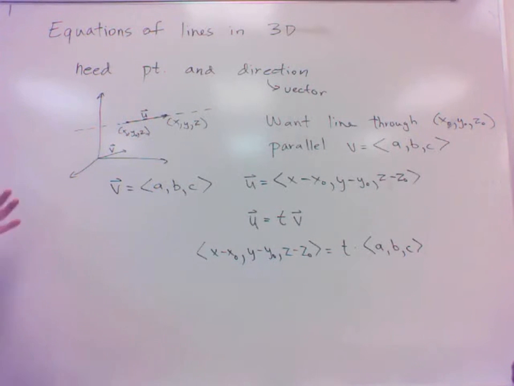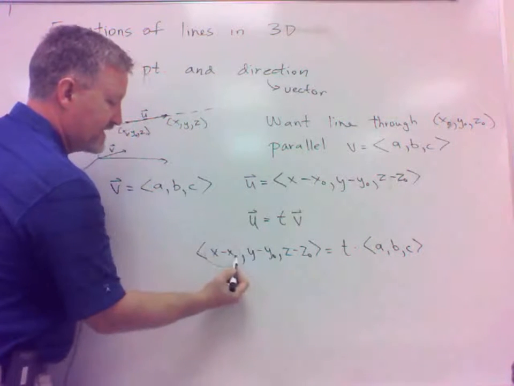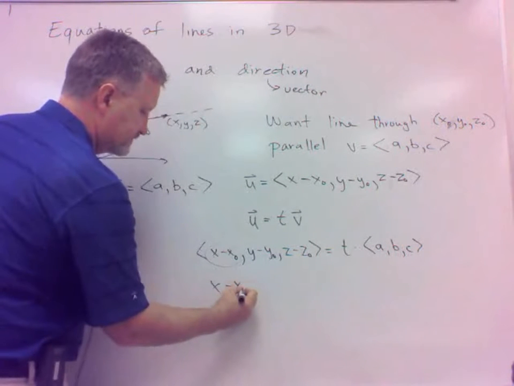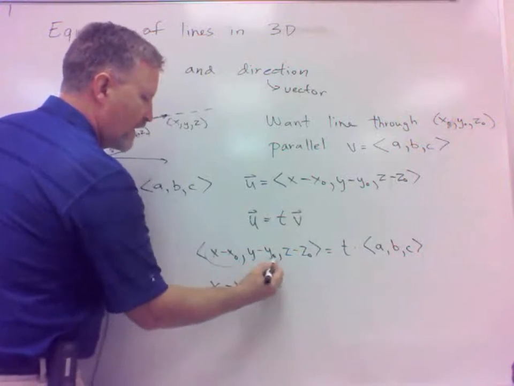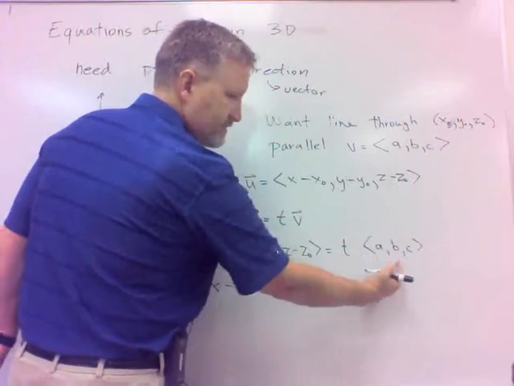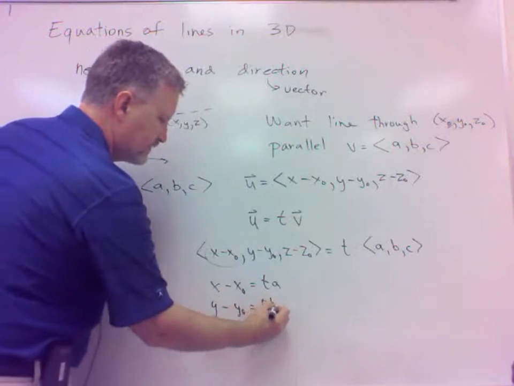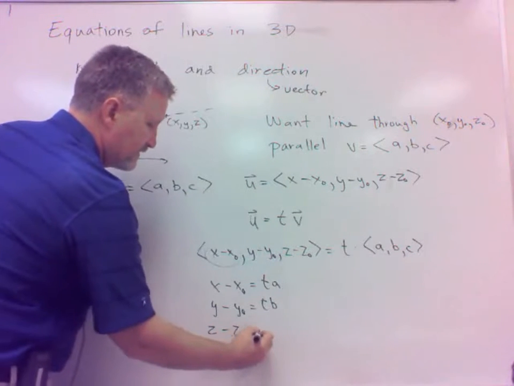So that sets up an equality amongst the components, right? We know that x minus x0 would have to equal what over here? tA. The y minus y0 would have to equal tB. And then z minus z0 would have to equal tC.